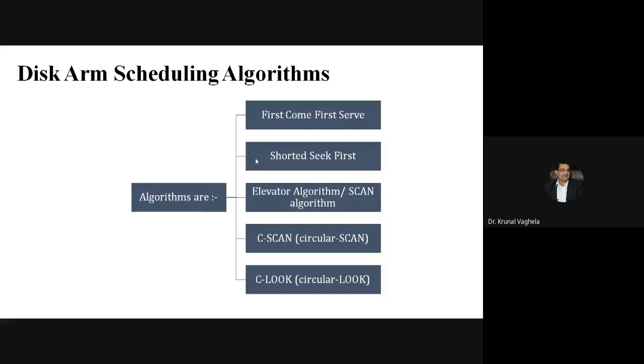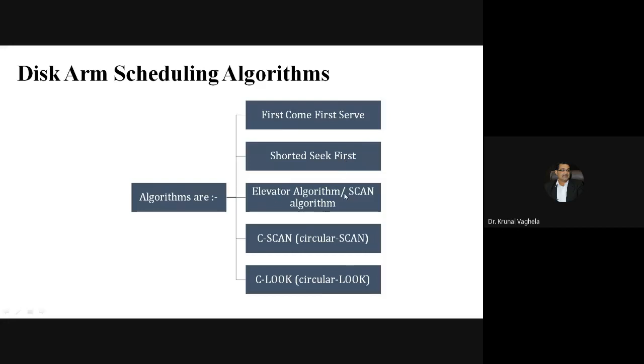We will learn these algorithms, and later I will give you examples to solve for each. First come first serve, which we have already seen, and shortest seek time first, which is like shortest job first.